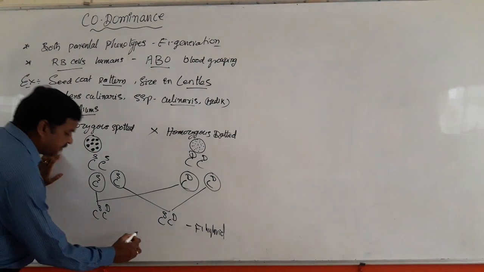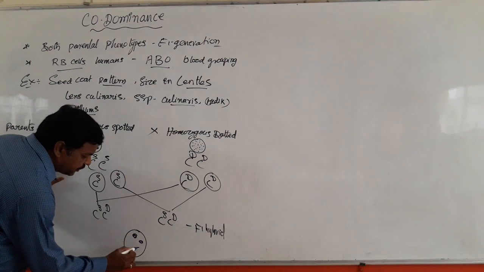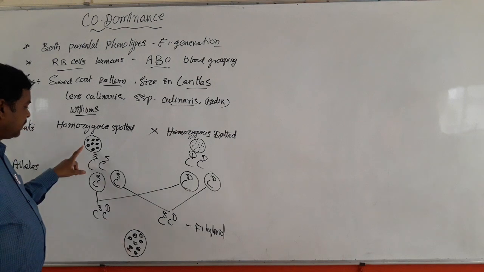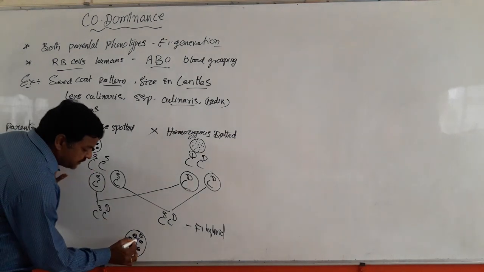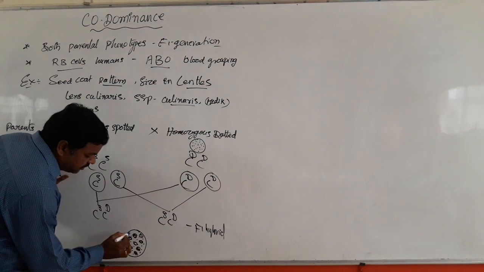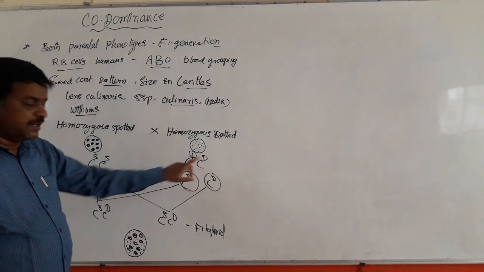For example, this seed coat is represented by large irregular patches, like the first parent, and also by small circular dots, like the second parent.